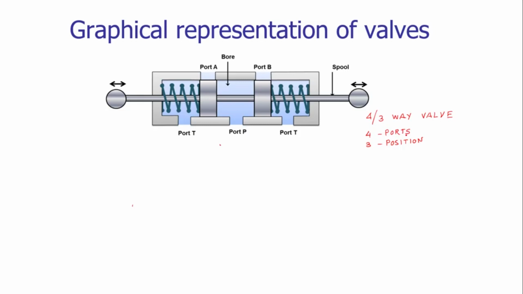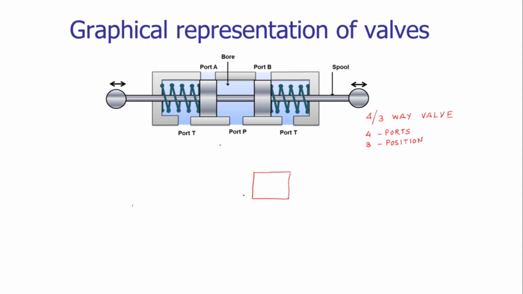The default position is seen on your screen, that is the blocking, it's a holding position. Port A is blocked, port B is also blocked, and they are at hold position. Through the pressure port P as well, no fluid is going to port T, A and B. So by default, the center position is the hold position, or the neutral position.